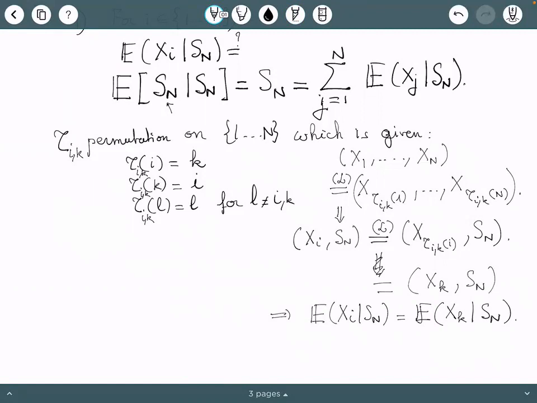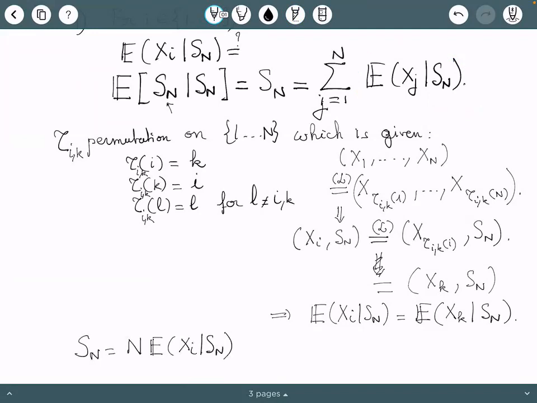So it is just a justification of something which was probably very obvious for you, that this quantity is completely independent of j. And since it is independent of j, it is the same for every j. So we get at the end that Sn is equal to n times the expectation of xi given Sn.